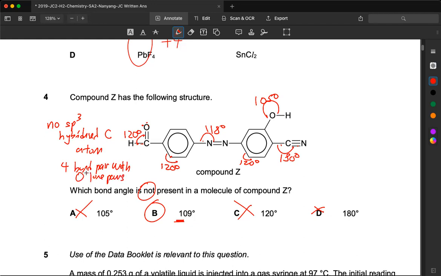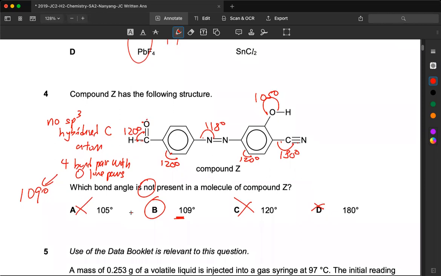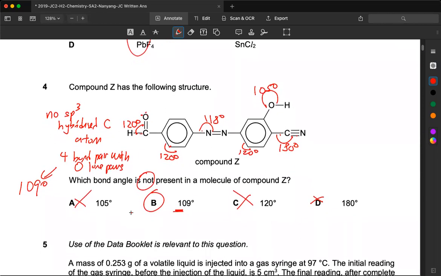Only this arrangement, 4 bond pairs with 0 lone pairs, will give a bond angle of 109 degrees. But we don't see that at all. So 109 degrees is the answer, because there's no sp3 hybridized carbon atom.